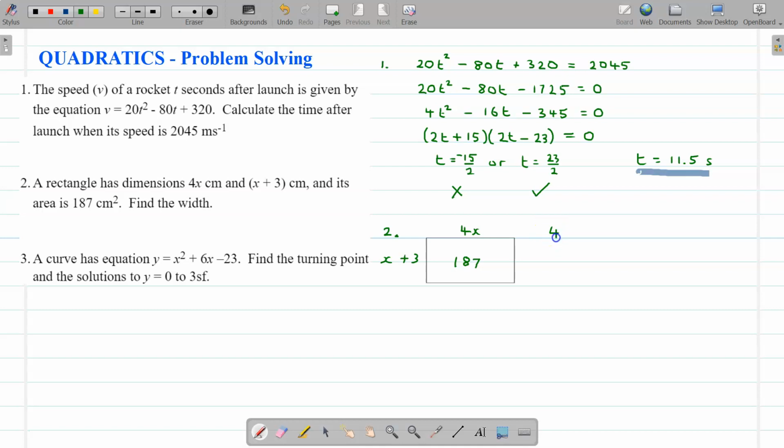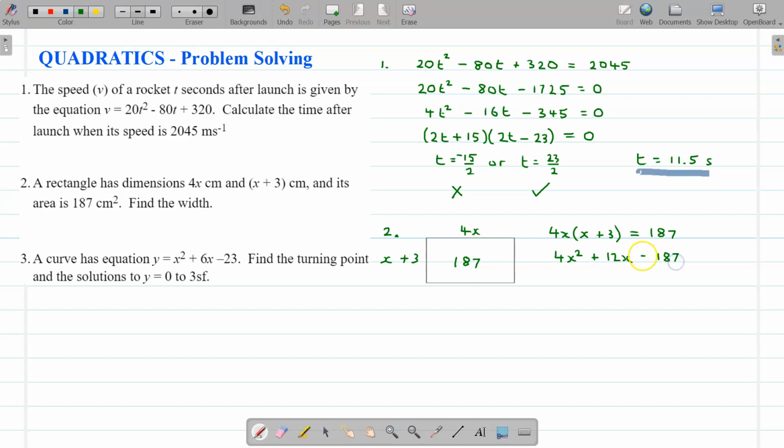So I've got 4x times x plus 3, okay, and that equals 187. If I multiply out the bracket, I get 4x squared plus 12x minus 187 equals 0.